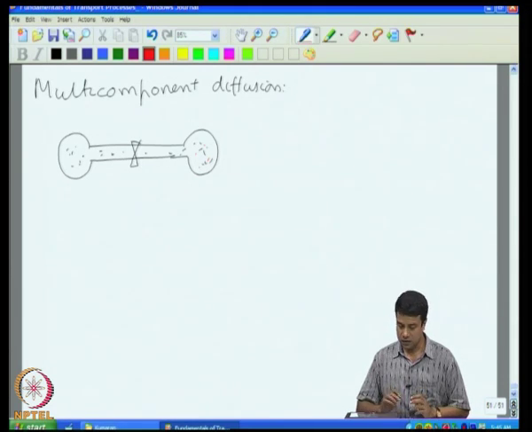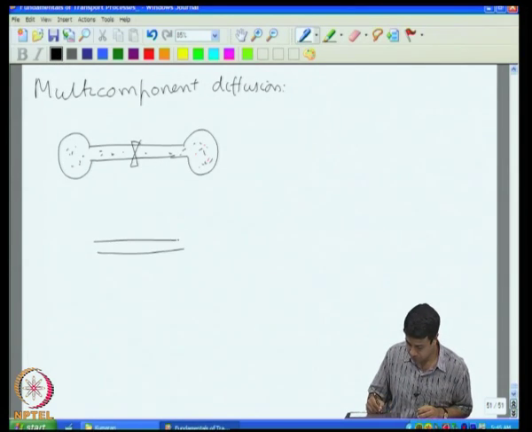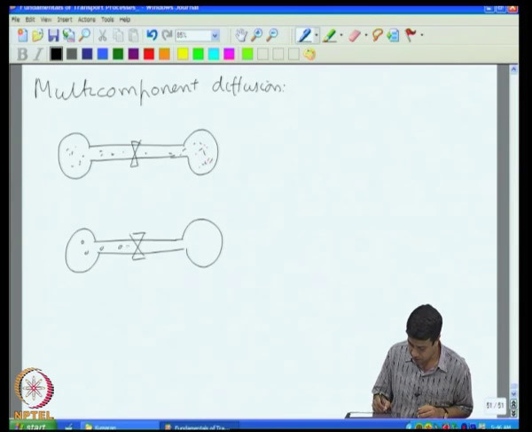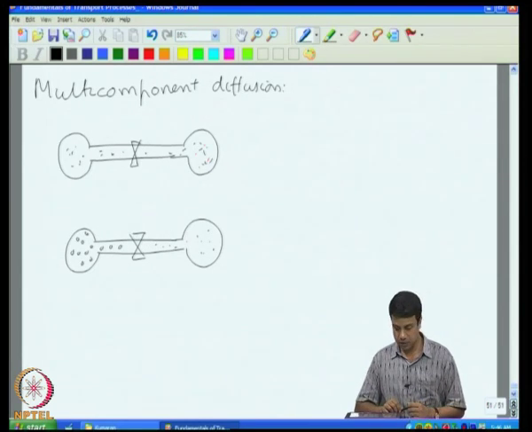On the other hand, if I have diffusion between two very different molecules, let us say I had oxygen on one side and much smaller hydrogen on the other side. The molecular mass of hydrogen is only 2, whereas oxygen is 32.